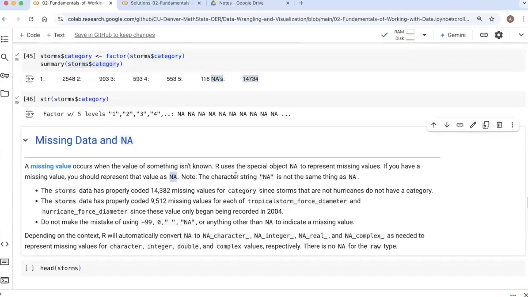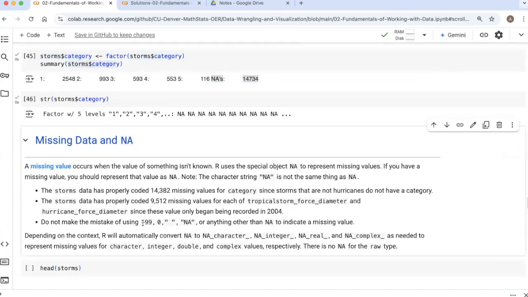Okay, and notice that is not the character string NA inside of double quotes. That would be read differently. So this is just treated as a missing value. So missing values should be coded with an NA, not inside of quotes.